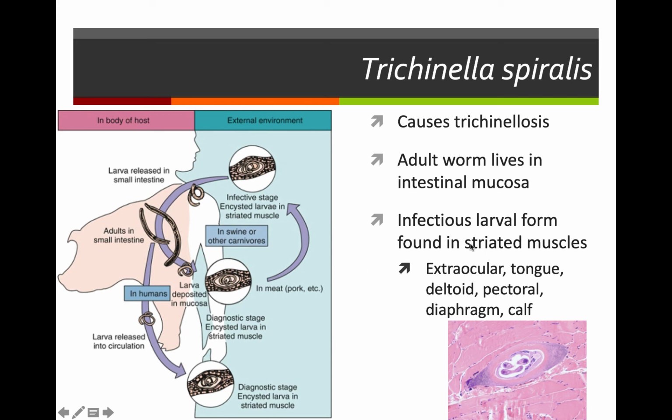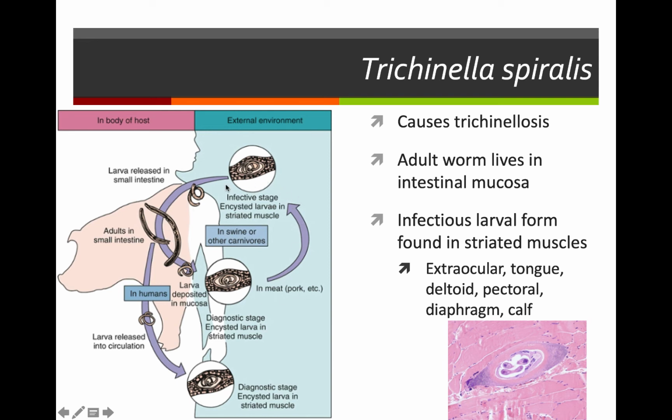So in striated muscles, you can find the infectious larval form. And that can be extraocular muscles, tongue, deltoid, pectoral, diaphragm, calf muscles, right? So generally what's happening, this can be only in the pig, right? So one pig can infect another pig.